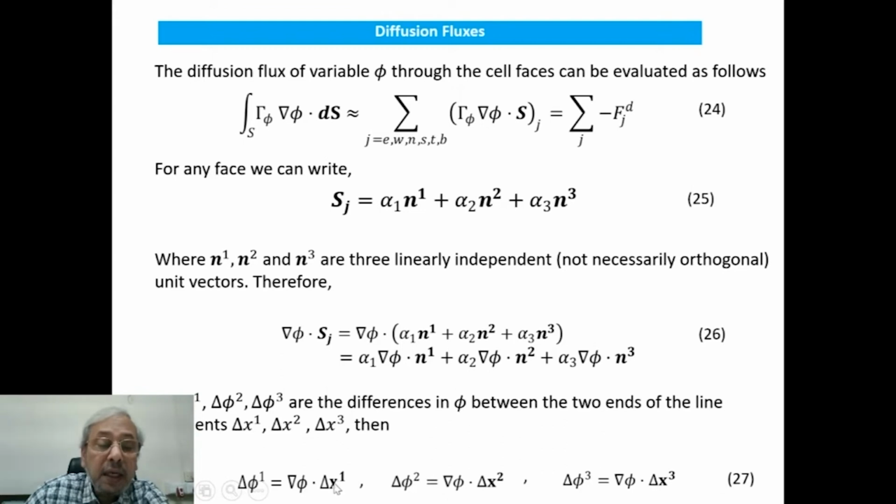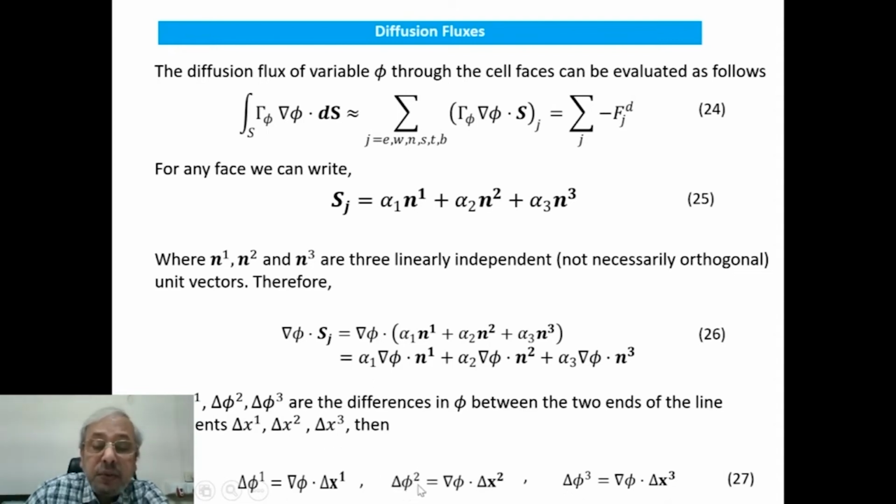Please note that this delta x1 and this delta x1 are not the same. This one is bold and defines a vector quantity, whereas this is the magnitude. I will come to this in detail in the next slides.